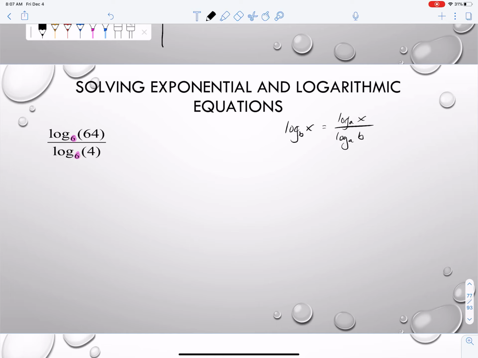Well here, a is that base 6. My original quantity was 64. My original base was 4. So I can rewrite this, and when I do this next step, the 6 is going to go away, and I'm left with log base 4 of 64. And I ask myself, 4 to the what power equals 64? And it's going to be 3.